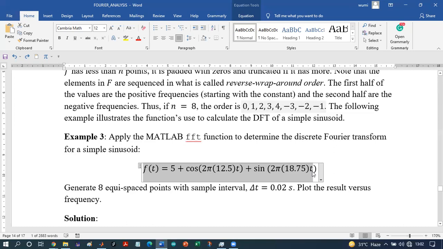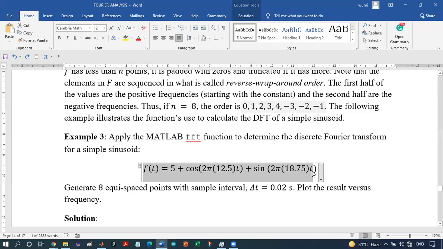Then F5 is 5 plus cos 2 pi 12.5 times 0.1 plus sine 2 pi 18.75 times 0.1.